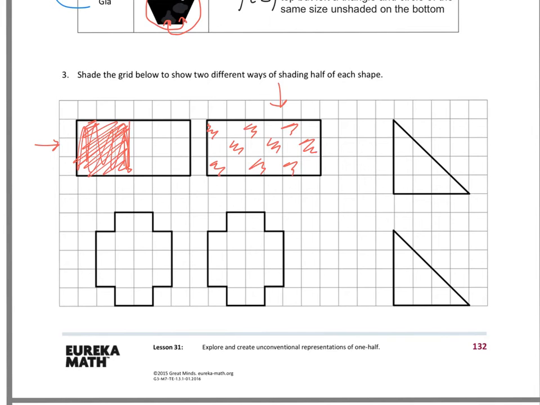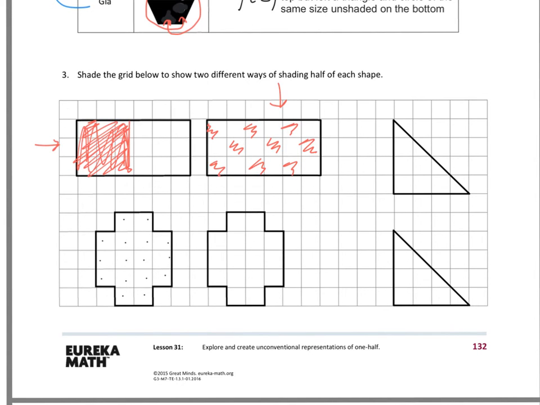So that's 2 different ways that I could shade this. And knowing that there's 18 in there, because that's the question from the first page, I need to have 9 shaded. Down below, I have to count this. And I got 1, 2, 3, 4, 5, 6, 7, 8, 9, 10, 11, 12, 13, 14, 15, 16. So I know 8 have to be shaded. Well, I could use a basic shading here, meaning I'll just shade half.